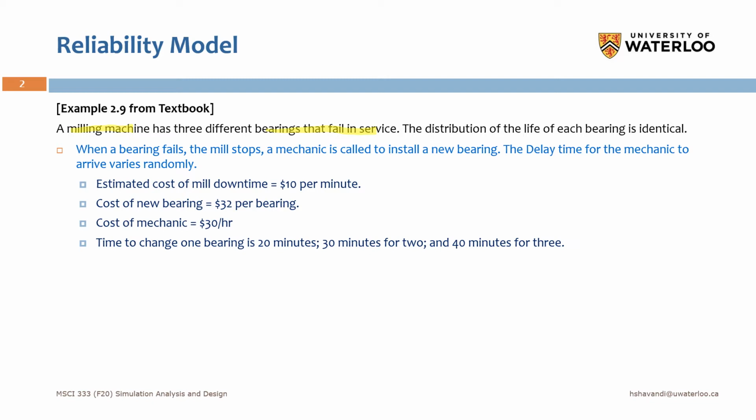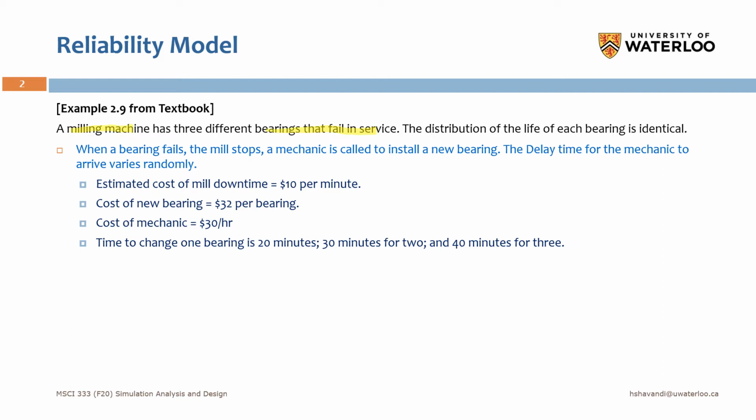The value of the useful life could be different for the 3 bearings, but they all come from an identical distribution. So here we have random variables, a random variable for each specific bearing, and the distributions will be identical for all 3 bearings.